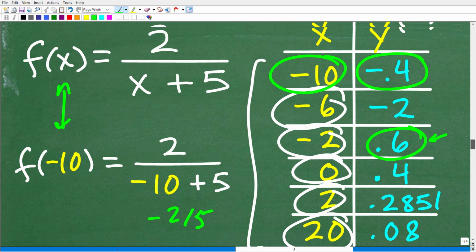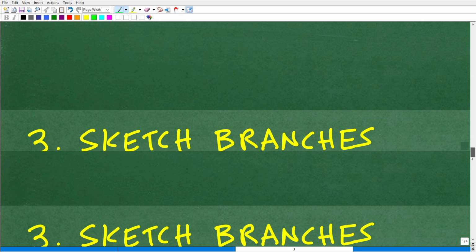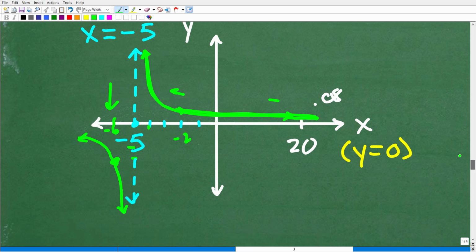But we can go out to hit -10, right? So that's going to be -0.4. So you're like, okay, let me go over here. So -6, it's -2, but -10, it was -0.4, which is smaller. So you can get the idea, and you can always plot more points just to get more confidence about your graph.